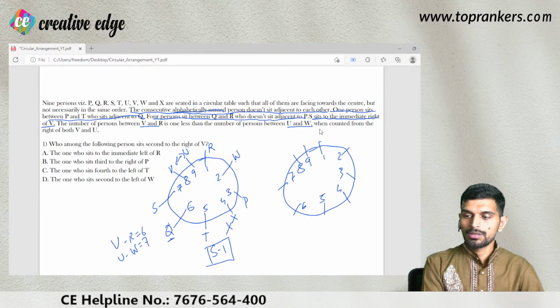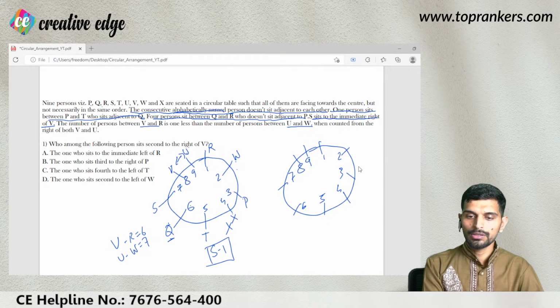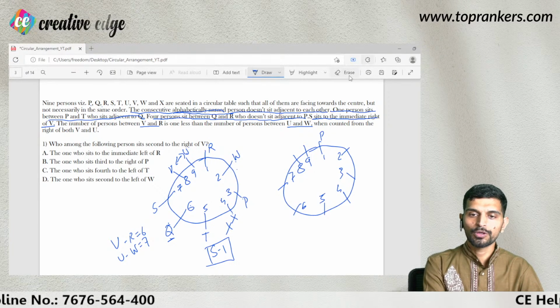So it says there is one person between P and T. So if I place P here, I have two possibilities to take.